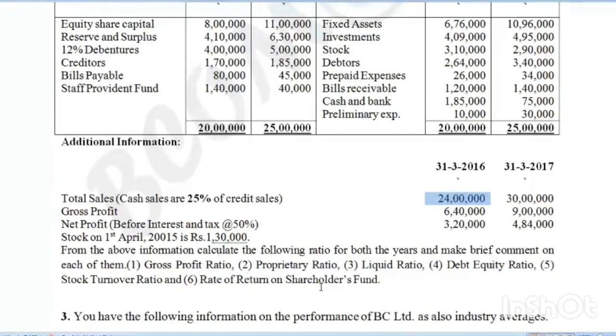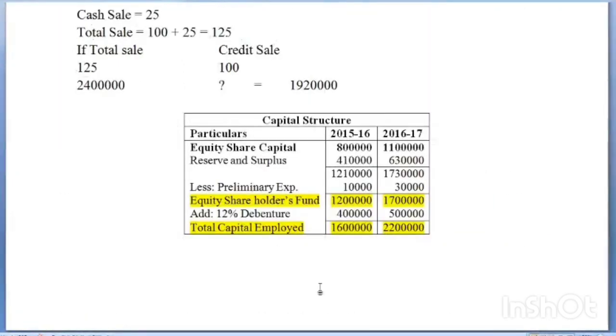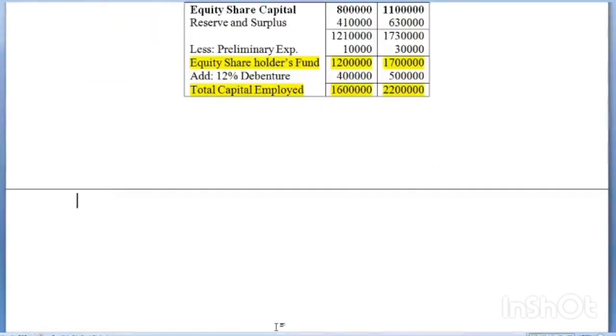So the first ratio they ask is the gross profit ratio. One by one, let's go for it. First, number one, gross profit ratio. What is the formula of gross profit ratio? You know very well.